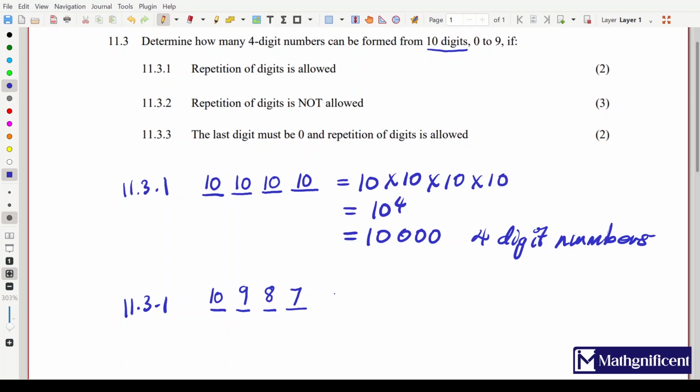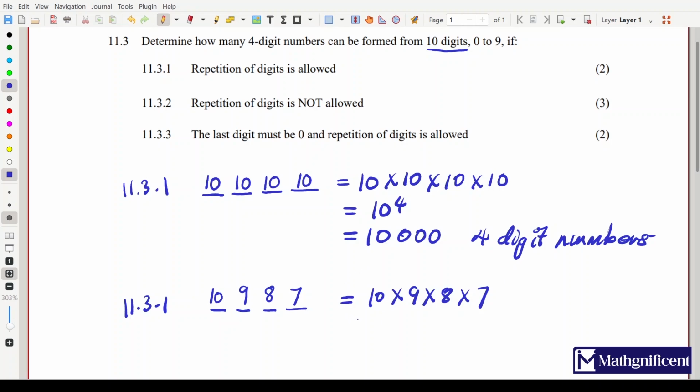So this can be done in 10 ways, this in 9 ways, this in 8 ways, and this in 7 ways. According to the fundamental counting principle, this can be done in 10 times 9 times 8 times 7 total ways, right?